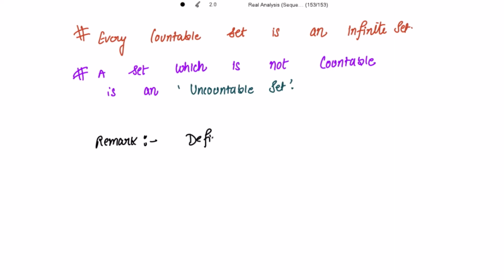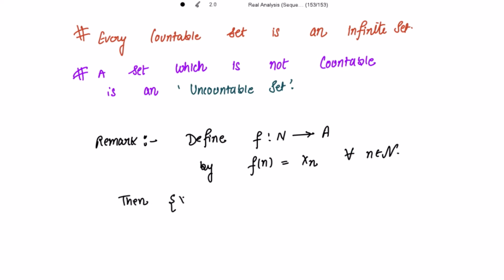Let's define a function f from N to A, where N is the set of natural numbers, defined by f of n equal to xn for all n belonging to the set of natural numbers. Then the set x1, x2, x3 and so on is a sequence.